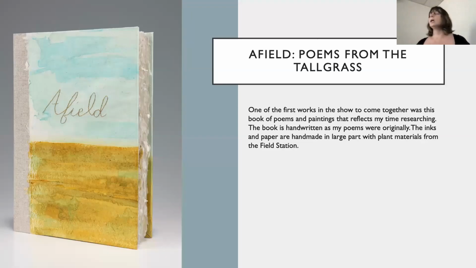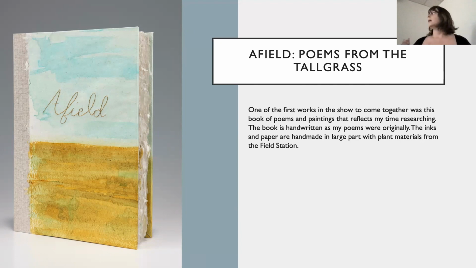So the first piece that really came together was this book, which is a handmade book titled AFIELD, Poems from the Tallgrass. And so this contained a lot of the poems that I talked about that I was writing while I was there, which were really me reflecting on what it was like to be in the field station, and also what it was like to try to do this learning from place.